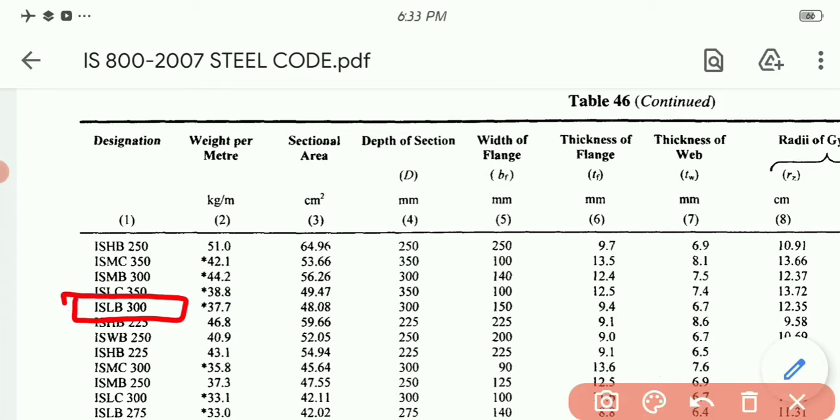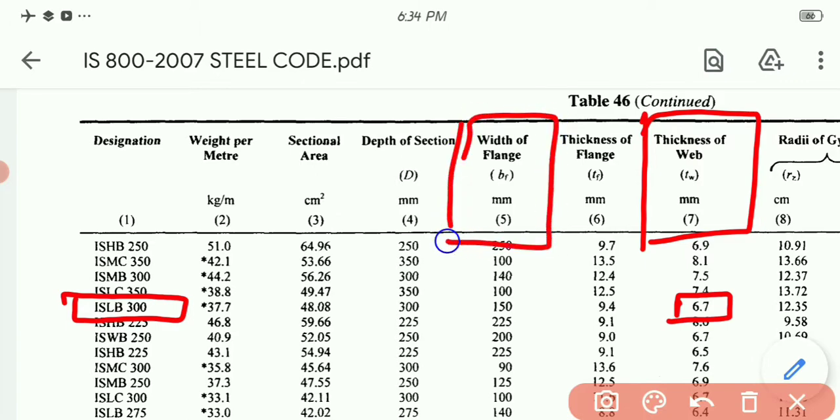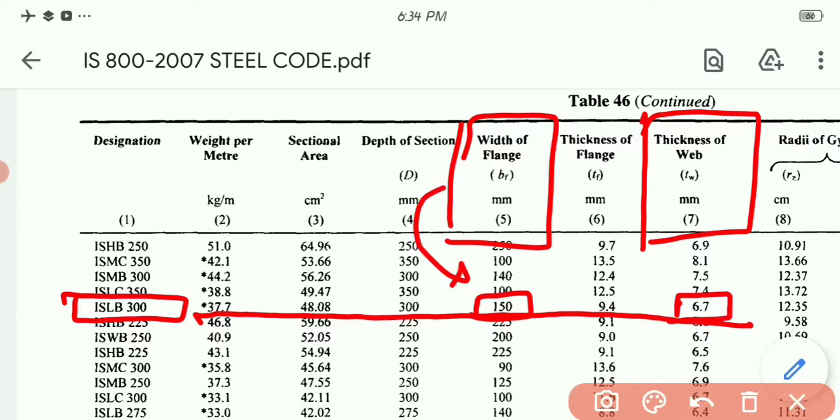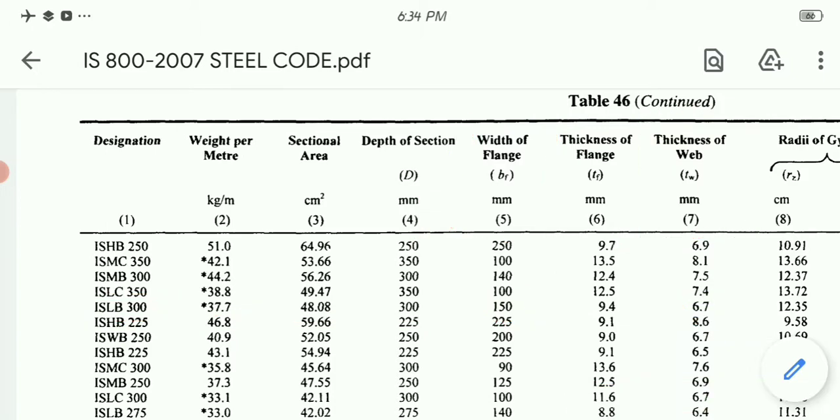The thickness of web is 6.7 mm, and the width of flange, which will also be needed for the sketch, is 150 mm. So this is the data of ISLB 300.